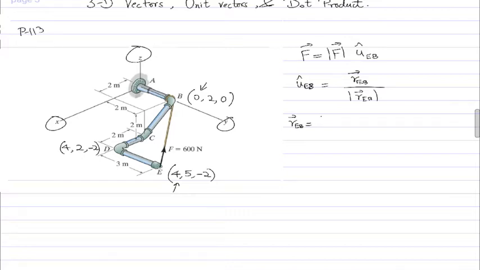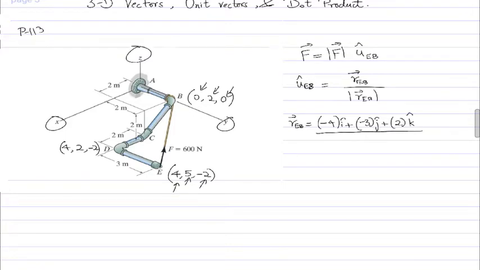So 0 minus 4 would be -4 i, plus 2 minus 5, which is -3 j, plus 0 minus -2, which is +2 k.